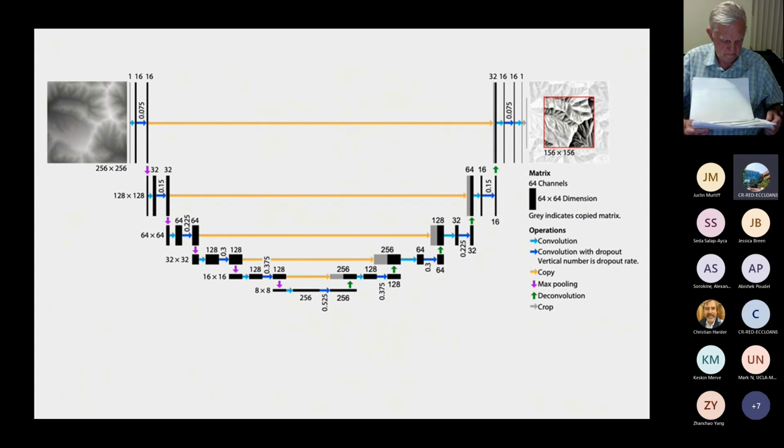And I'm not going into further details about the exact parameters. I don't want to bore you with this. You can find more information in our publications on that. And by the way, why this is called UNet is obvious when you look at this diagram here. It's this U shape that gives the name to these types of neural networks.